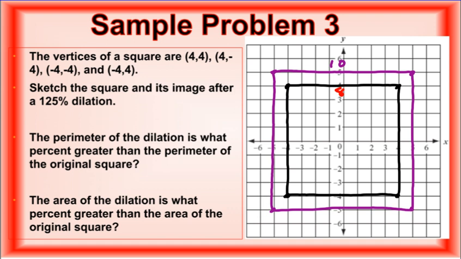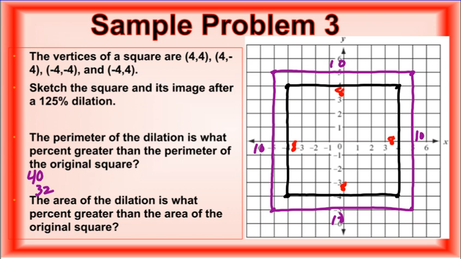So we would have 10 by 10 by 10 by 10, and this one would be 8 by 8 by 8 by 8. We're comparing 40 of the large one and 32 of the small one. What percent greater?